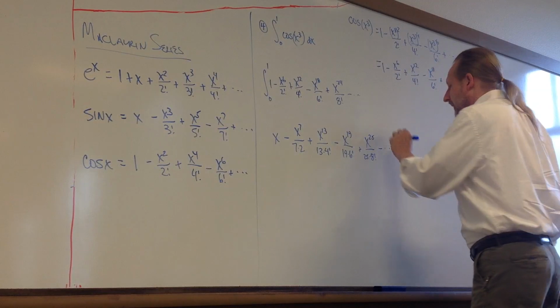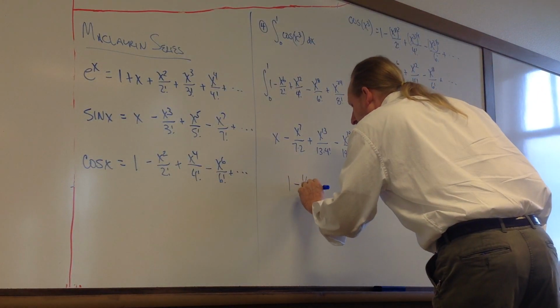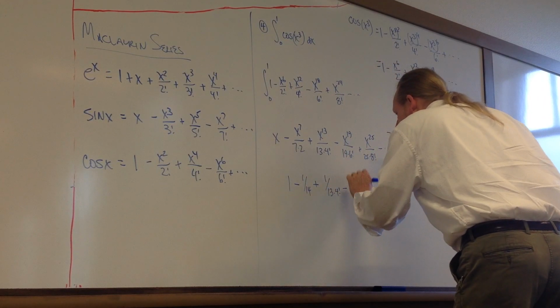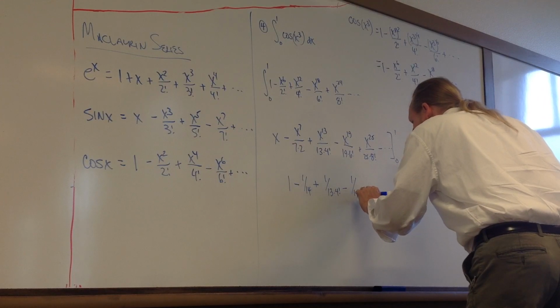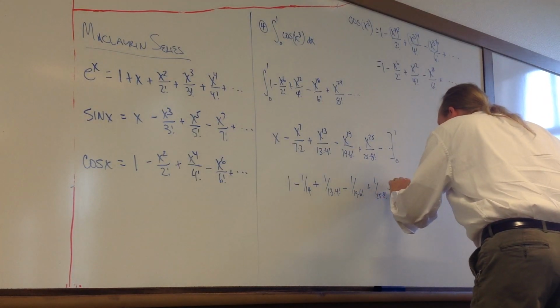Then we want to evaluate this from 0 to 1, so this is 1 minus 1 over 14, plus 1 over 13 times 4 factorial, minus 1 over 19 times 6 factorial, and so on.